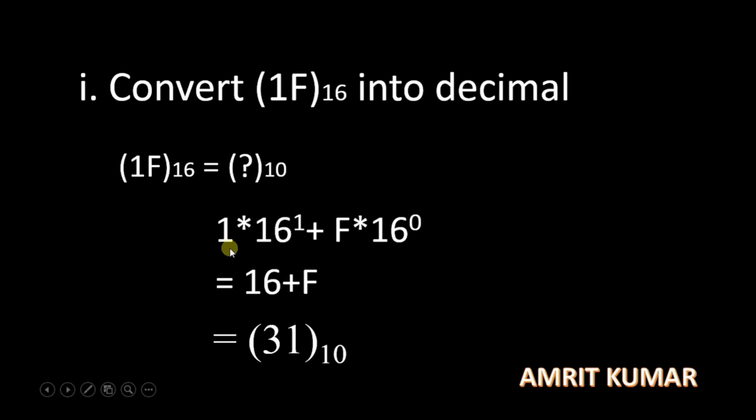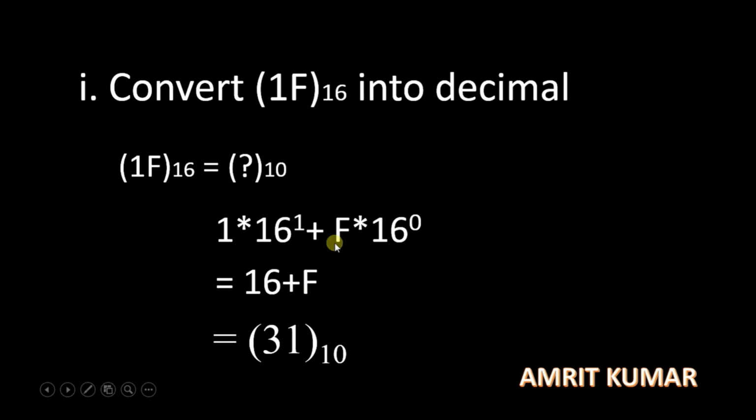So 1 multiplied with 16 to the power 1 is actually 16, plus f multiplied with 16 to the power 0. Something to the power 0 is 1 actually.